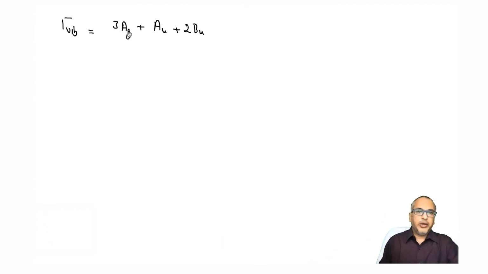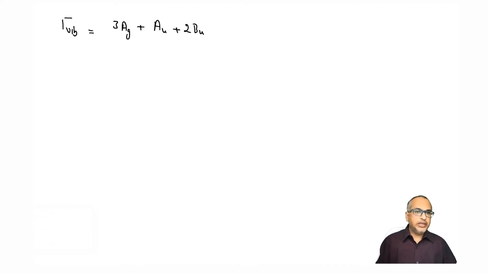Okay. Now Ag, what is the symmetry of Ag? So let us quickly look at the character table of C2H. So we are not even setting up the integration. I'm just opening a book and looking at the character table of C2H.